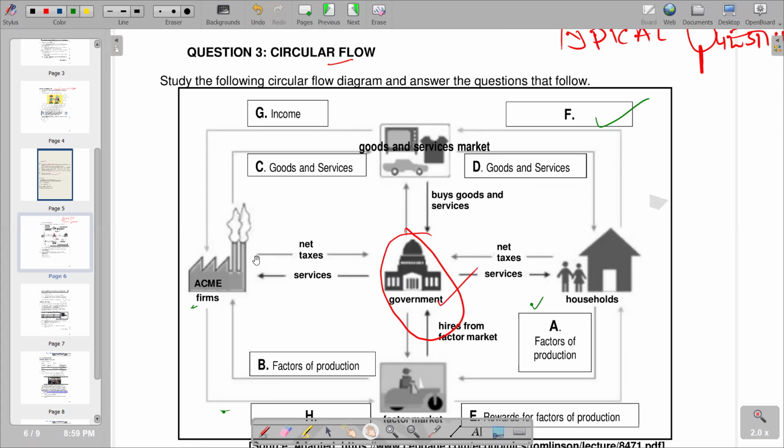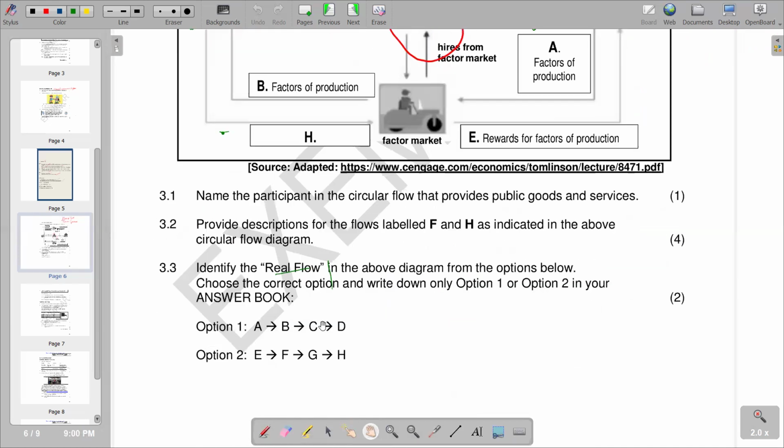So obviously, the firms are going to provide the goods and services to the goods and services market. So it becomes again our real flow. So that makes the option of A, B, C, D to be the correct one for our real flow.